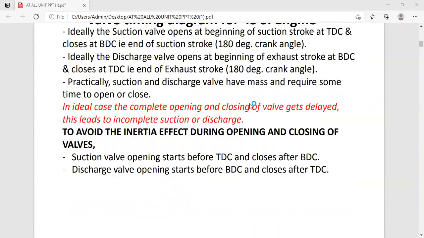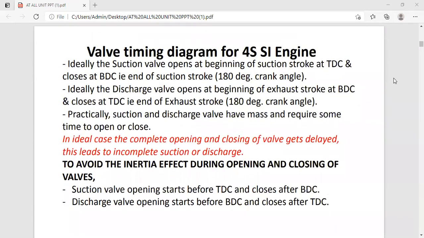Next point, we are going to discuss the valve timing diagram. This valve timing diagram is a very important factor, because in the SI engine, the charge is introduced into the combustion chamber at the suction stroke.